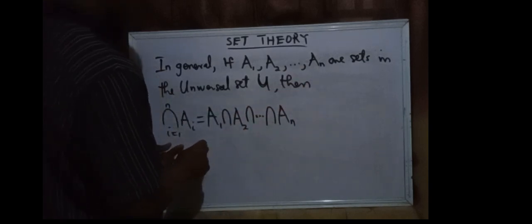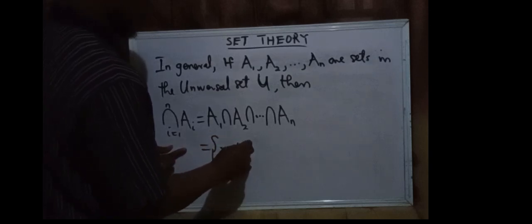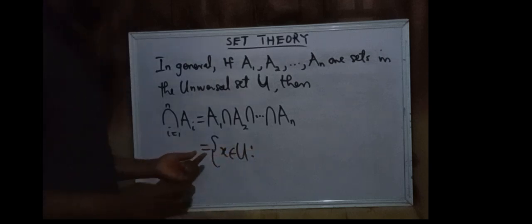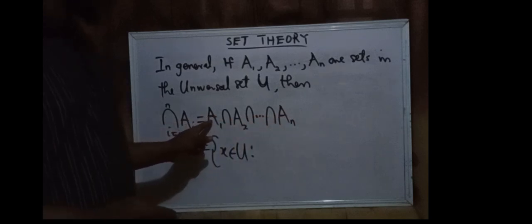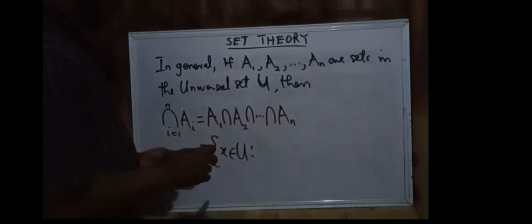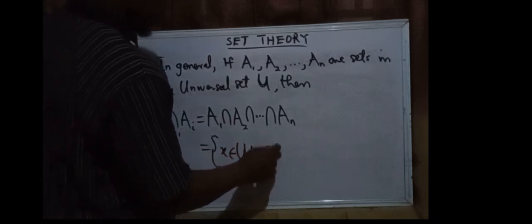And this is nothing but equal to the set of x in U, the elements that are common to the sets A1, A2, A3, such that x belongs to A1 and x belongs to A2 and, up to the last set, x belongs to AN.